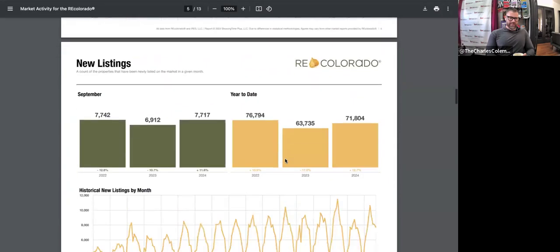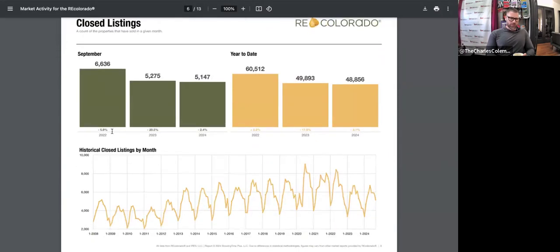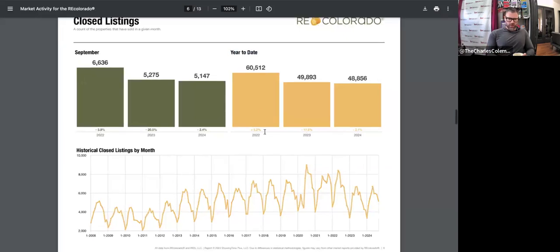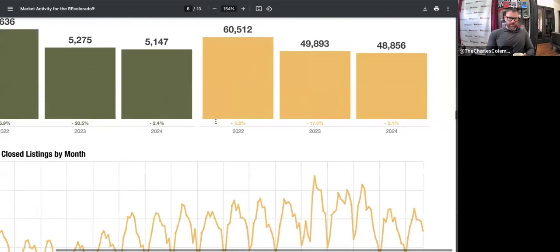It's going pending listings, new listings. It's showing you 2022, 2023, 2024, September data versus year to date. So we can actually look and see that things are moving. In 2022, we had 60,000 homes closed year to date, January to September, which was up 5.2%.